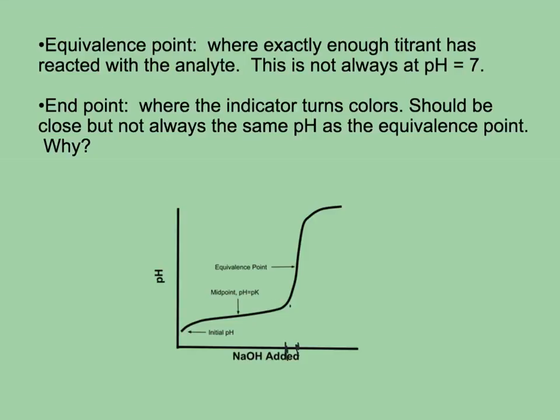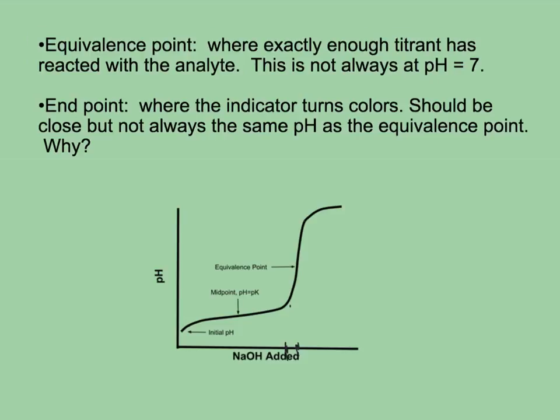From here to here, that's a very slight change in the volume. And so if this is where your reaction ends and you choose an indicator that will turn from here to here, there's not much change in volume. It may be a drop or so, which will not really change your volume.